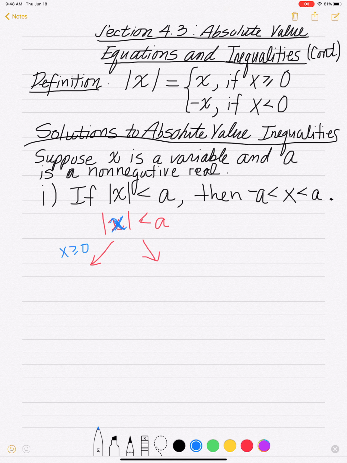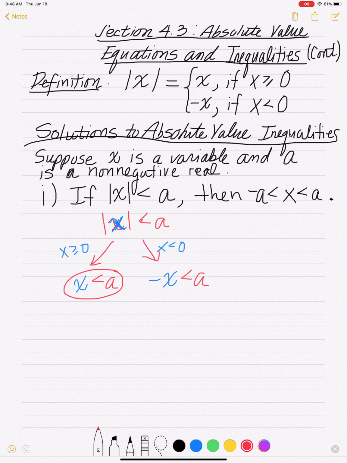So here you get just x is less than a. Now, what if x were negative, less than 0? Well, by the definition, the absolute value of x is minus x. So you get minus x is less than a.